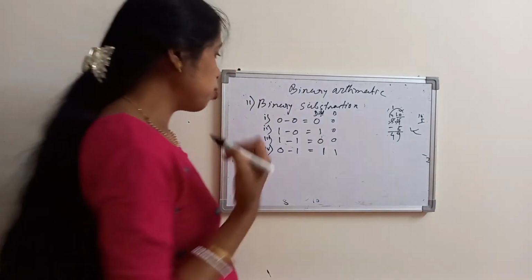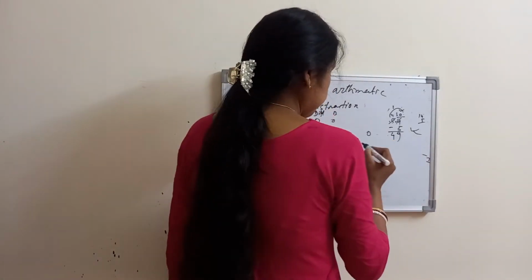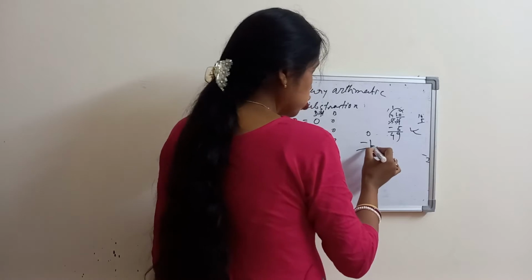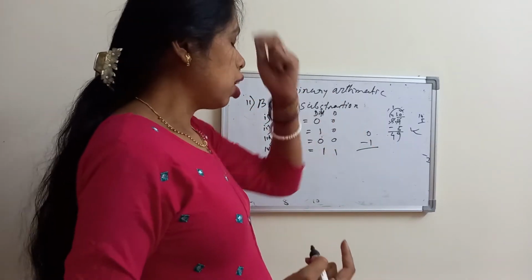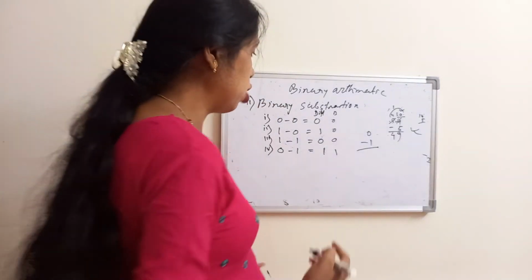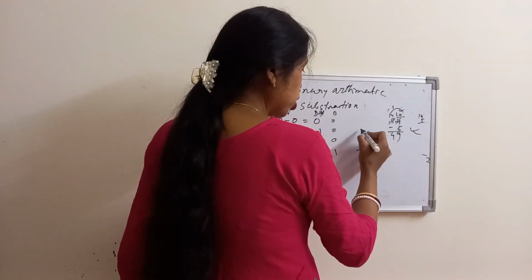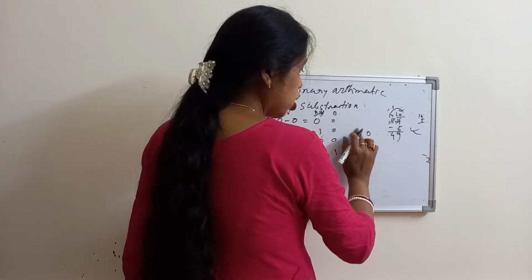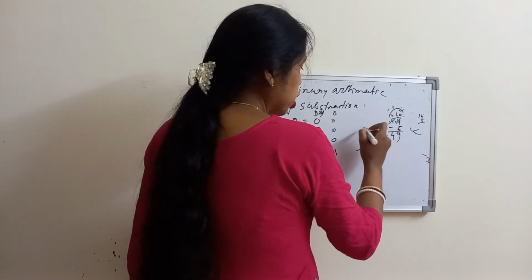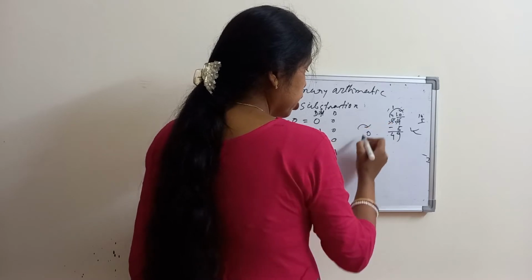In the same way, here we subtract 1 from 0. 1 is greater than 0, so what will happen? From somewhere you have to take 1. You assume there is a 1 in the decimal place, so from the decimal place you take 1.